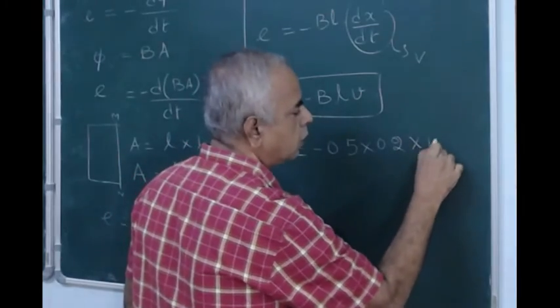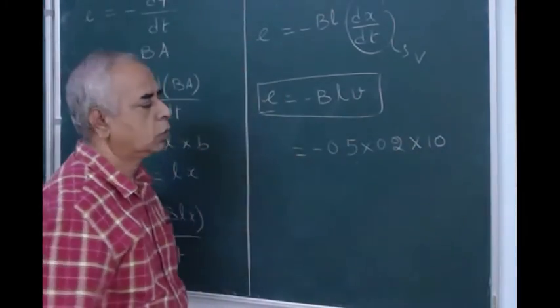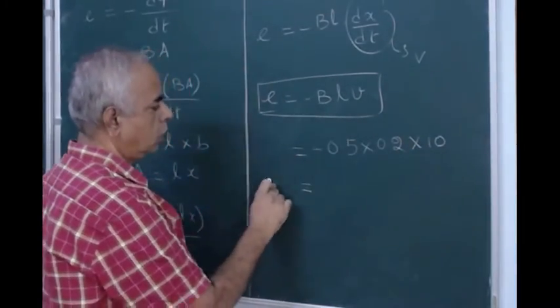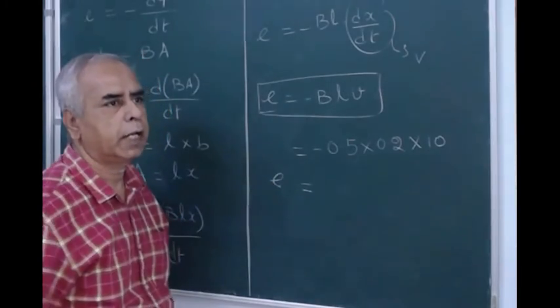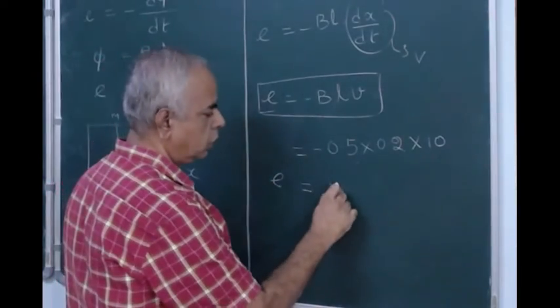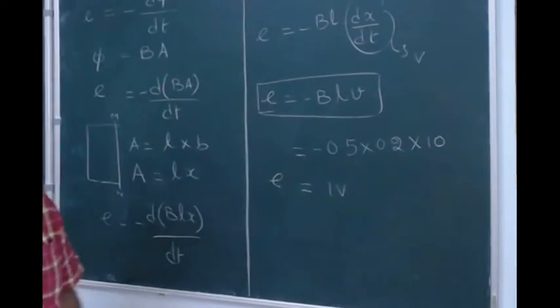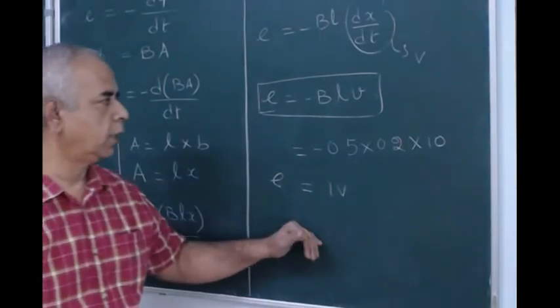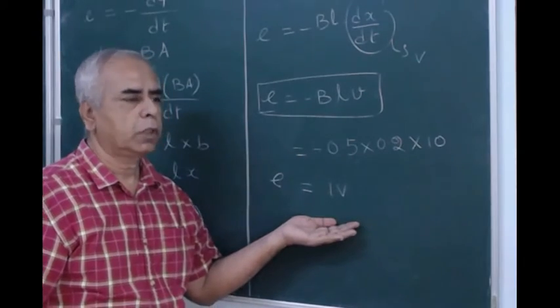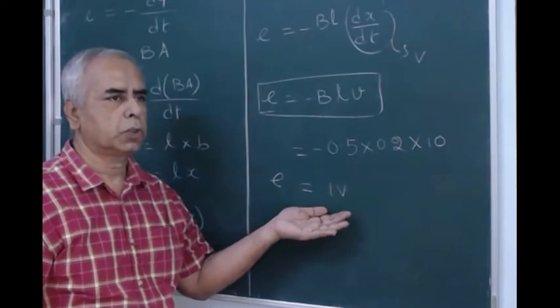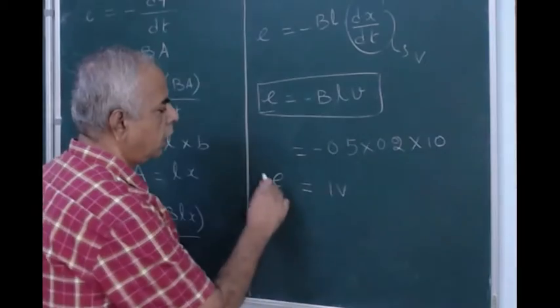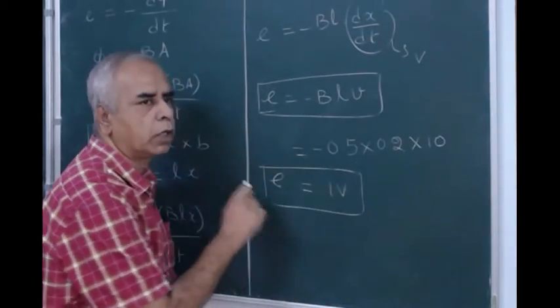So E is equal to 1 volt. You can ignore the negative and take the modulus value to get the positive value. So the induced EMF is 1 volt.